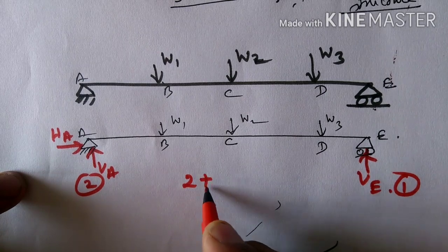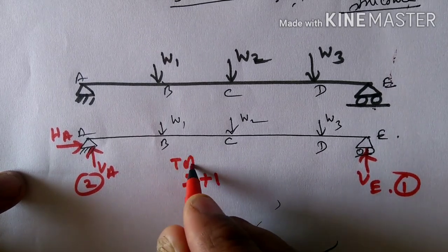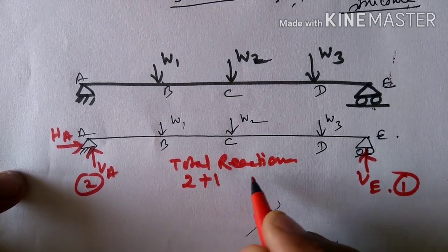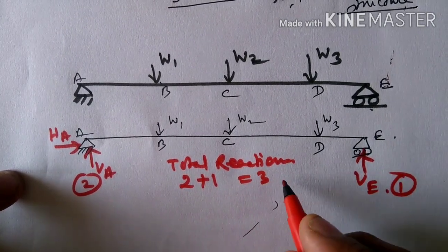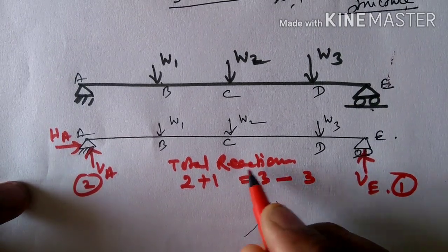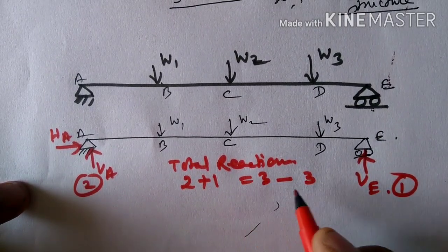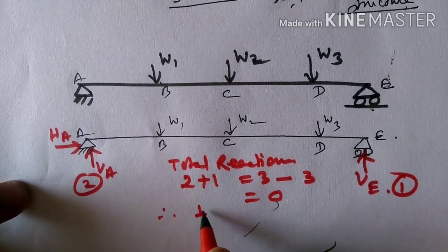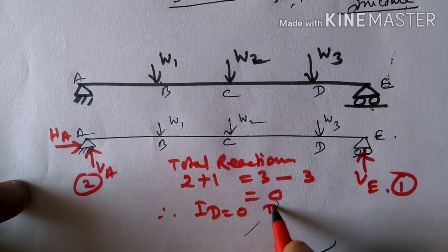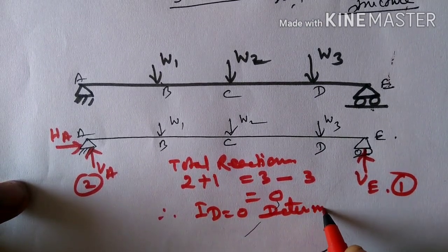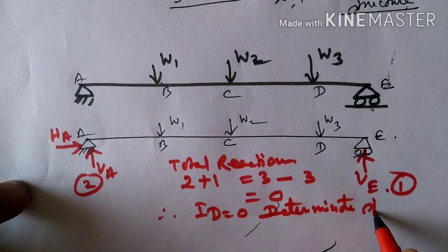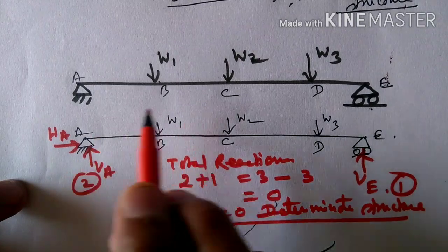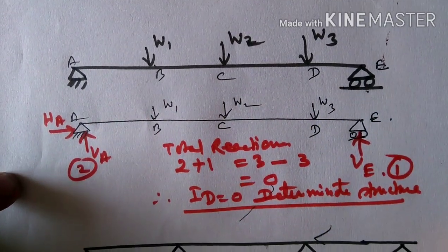So 2 plus 1, total reactions is equal to 3. You have to subtract 3 from whatever support reactions you get. Then again it is 0. So ID is equal to 0, means this structure is also a determinate structure.